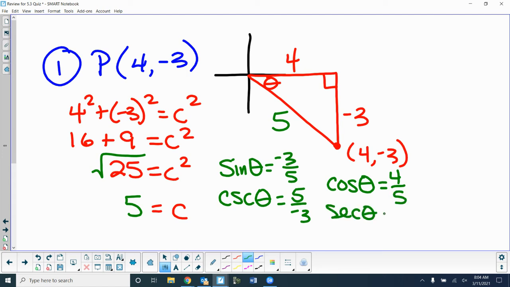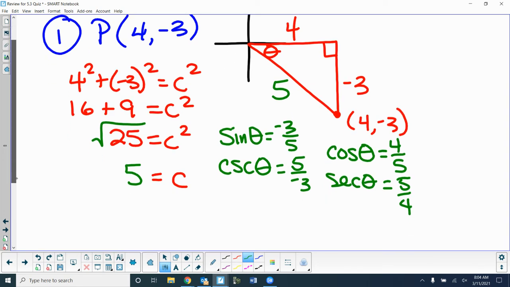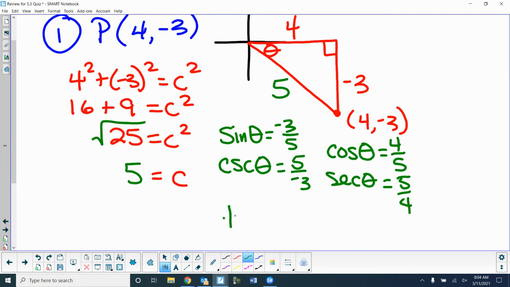Secant, 5 over 4. Tangent, opposite over adjacent. Opposite, again, you always start here. Straight across is opposite, -3 over adjacent, 4. Cotangent, reciprocal, 4 over -3. There's your 6 answers.